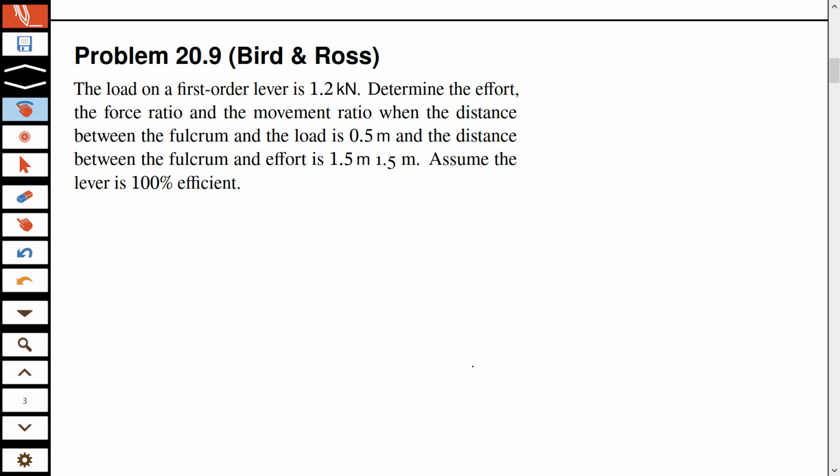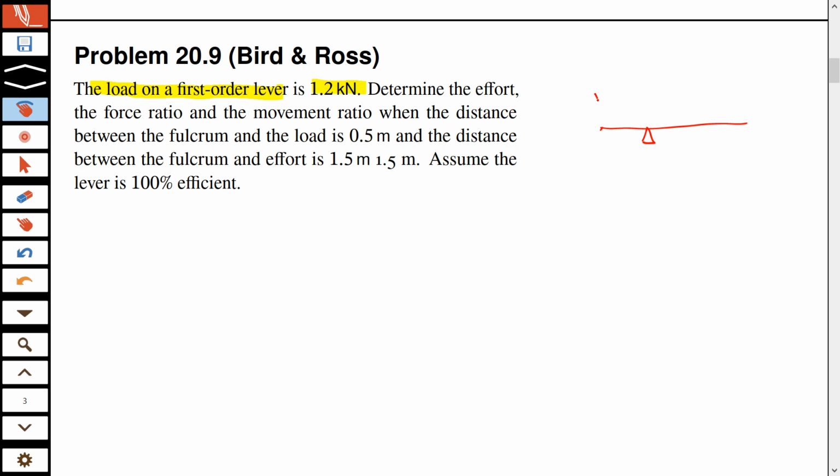So we start with problem 20.9 from Bird and Ross, and you have a first order lever. So the load is given to you. Which means that first you can sketch it. It is of the first kind, so fulcrum will be here, and the load is on this side.